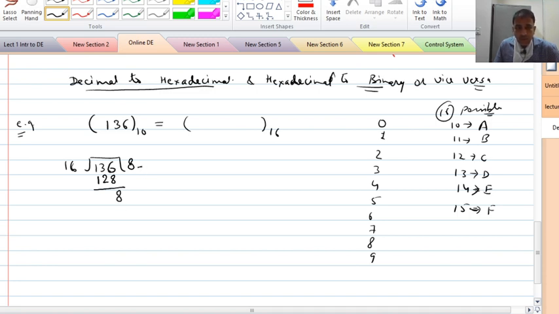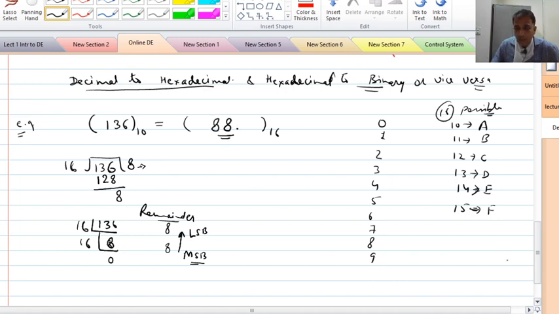So, this is the quotient. We write it like this: 136 divided by 16, remainder is 8, and we get 8 here, then again we divide by 16, then 0. We have to write it in this way, that is this is your MSB and this is your LSB. So, we get the number.